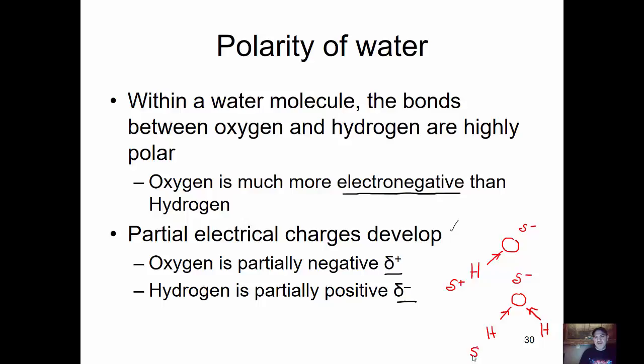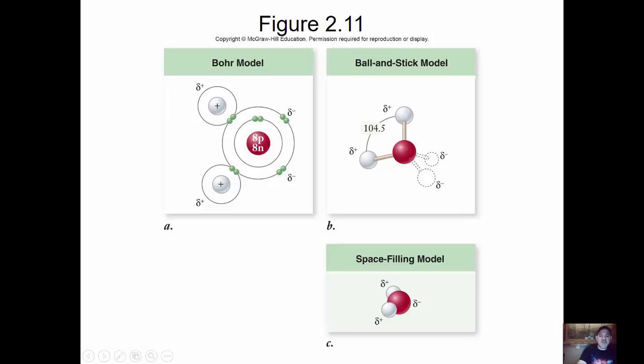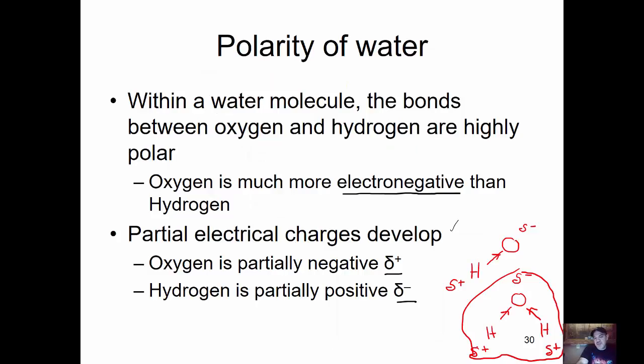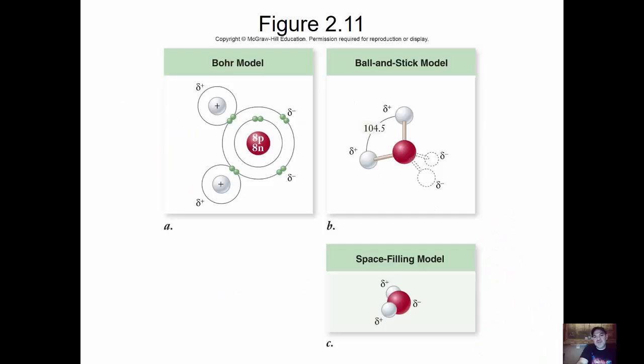Overall, the molecule is balanced in charge, but there's a polarity to it. If you have two water molecules near each other, their partial positive and negative charges are going to be attracted to each other, and that's what gives water a lot of its properties.